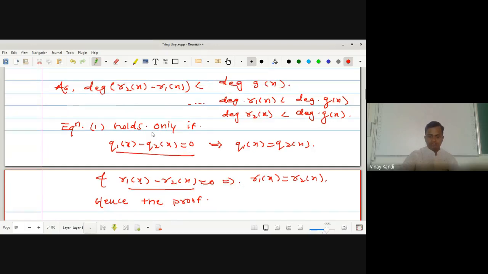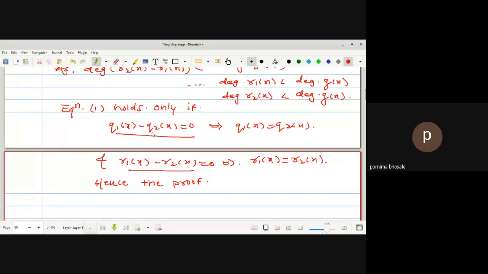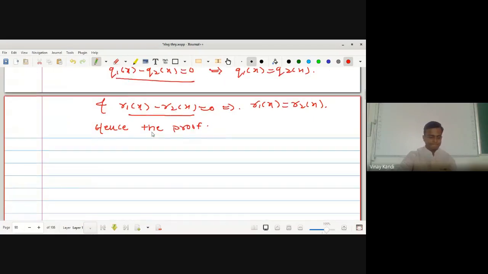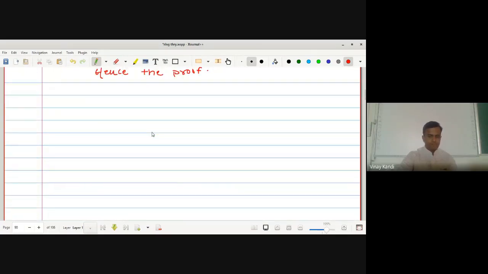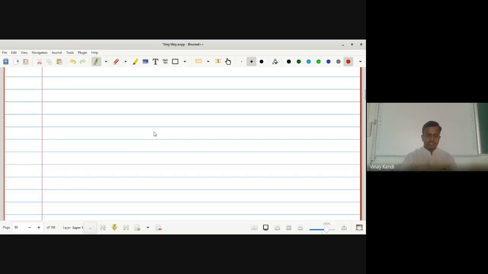Okay, any doubt? No, sir. Okay, let us take an example. Okay, take this example. Let f of x is equal to x raised to 6 plus 3x raised to 5 plus 4x square minus 3x plus 2.